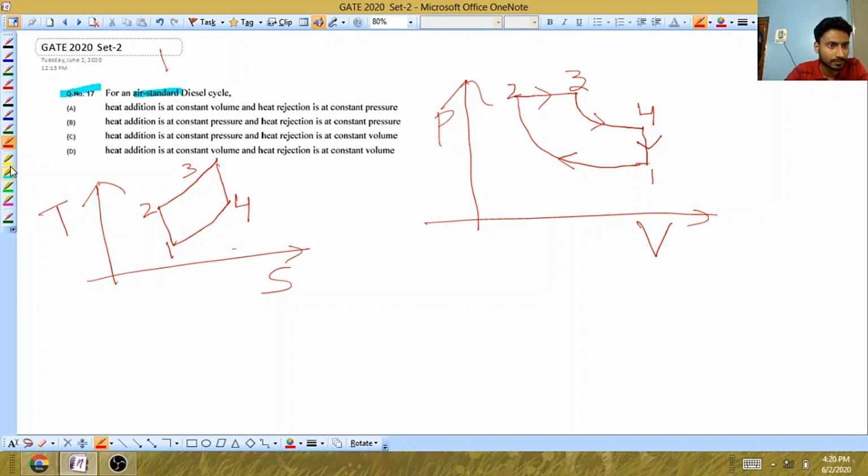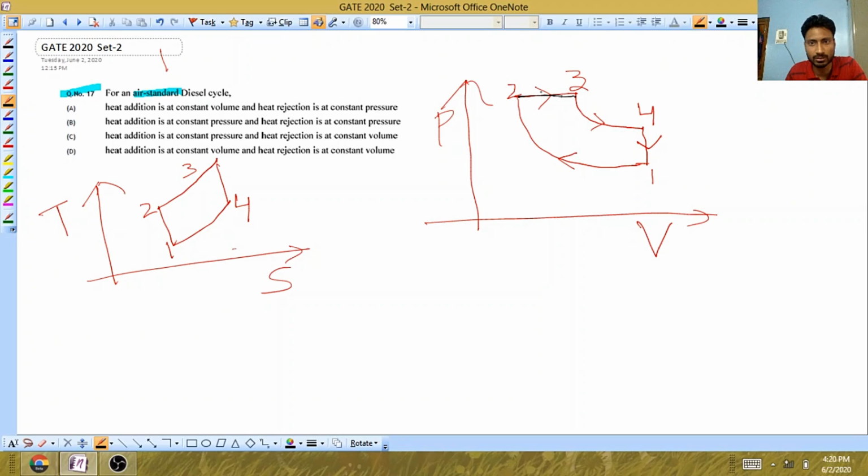So the cycle will run in this way, clockwise 1, 2, 3, 4. So 1 to 2 is a reversible adiabatic process. Basically, it is a compression because the pressure is increasing. From 2 to 3 will be a heat addition process.